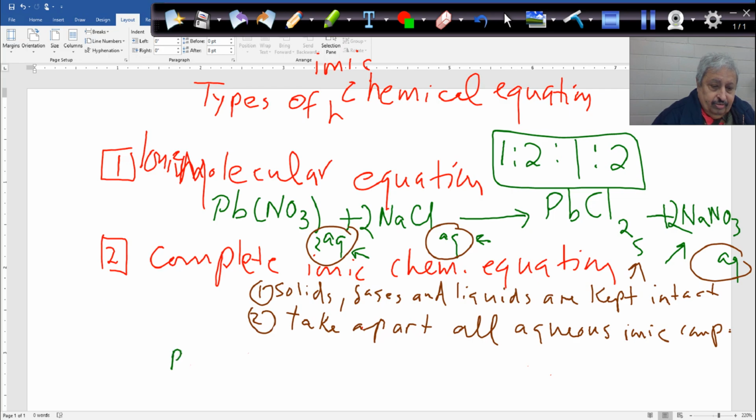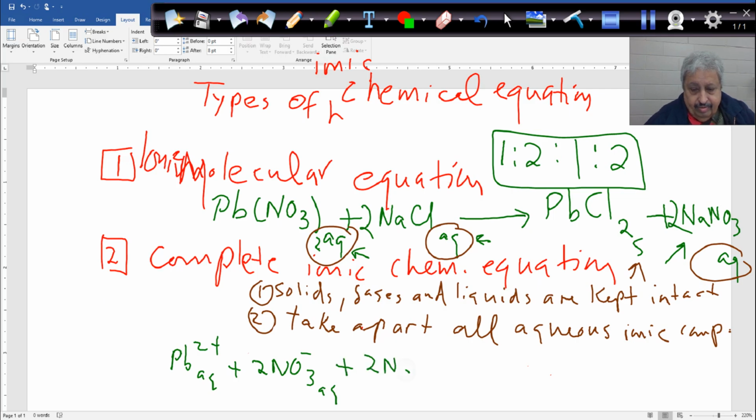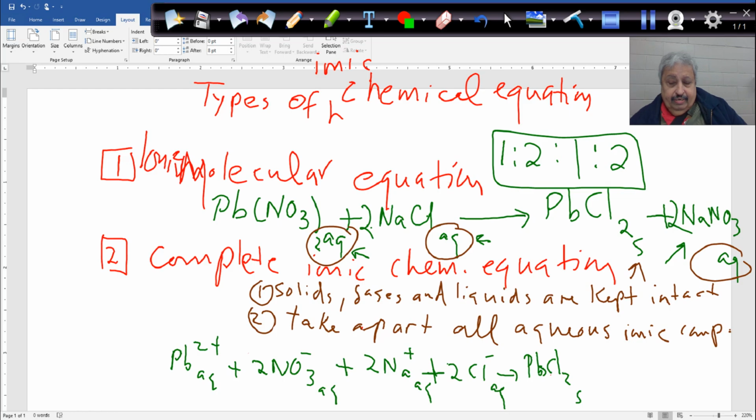So I have Pb 2 plus aqueous plus 2 NO3 minus aqueous plus 2 sodium aqueous plus 2 chloride aqueous gives us lead chloride solid, keep it intact, we do not take it apart, correct?